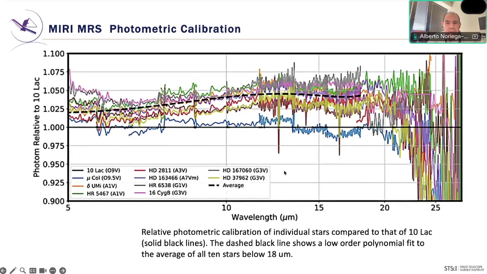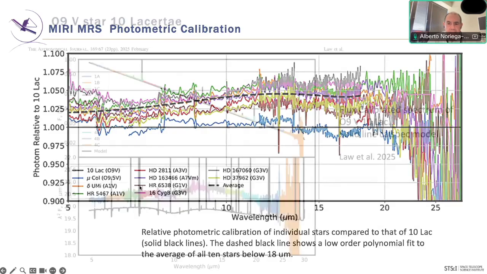This is the part of the photometric calibration. This shows the relative calibration of different observations for a star compared to 10 Lac, which is one of the main calibrators, which is this one. And so the average of the solid line is actually marked with 10 Lac, and the dashed line shows you the average from the different other sources that have been observed for the calibration.